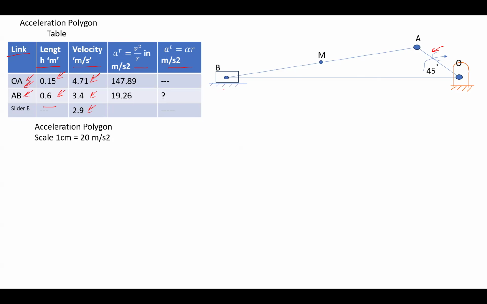Now, in any mechanism, all the linkages will have two components of acceleration. First one is the radial, also called centripetal. And the second one is the tangential component.